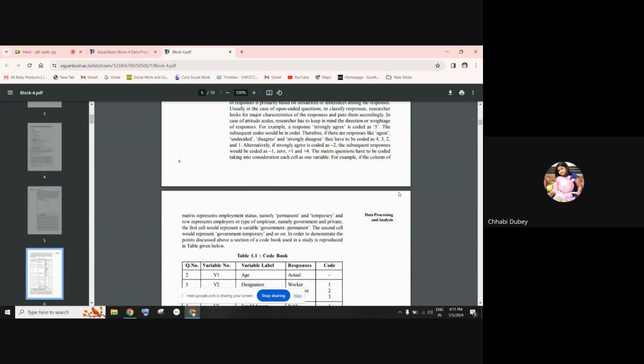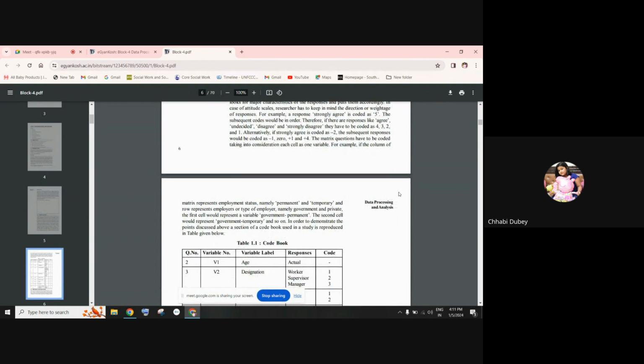Now this is basically the kind of matrix question which has been given. Actually we need not dwell much on this, because this is something which will not be asked as such, but it's just for the understanding that whenever we are dealing with matrix questions, they have to be coded taking into consideration each cell as one variable.